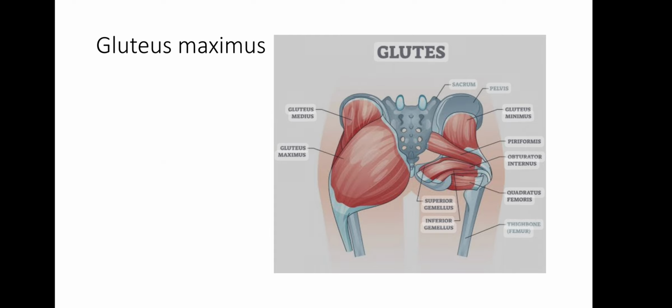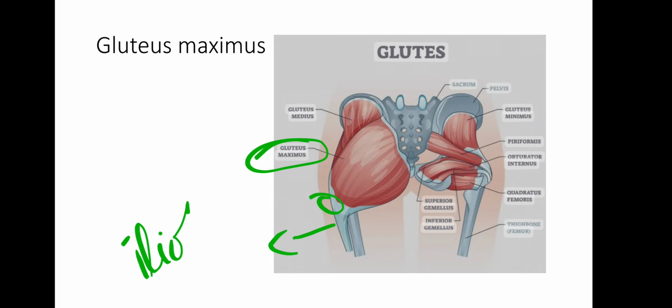So what about the gluteus maximus, the third option? The gluteus maximus gets inserted to the gluteal tuberosity, which has itself become a tuberosity because of the insertion of this powerful muscle. From there it also extends into the iliotibial tract, which crosses the hip joint.